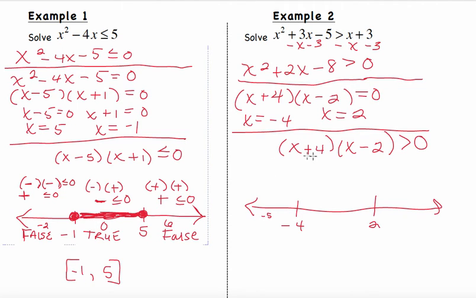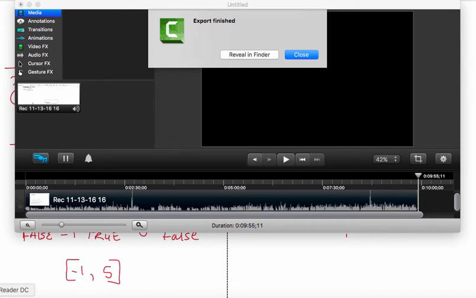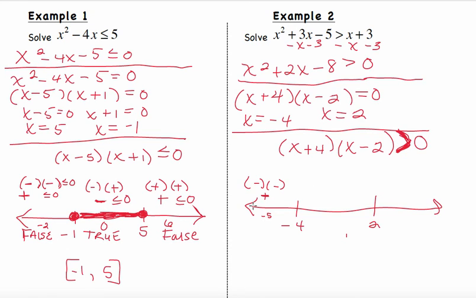A -5 substituted into the first factor gives you a negative. A -5 over here substituted into the second factor gives you a negative, and the overall result is positive, and a positive number is greater than 0. And so this guy is true over here, and that'll be shaded.